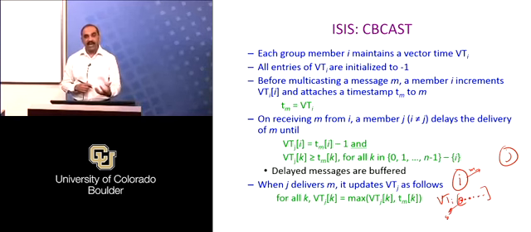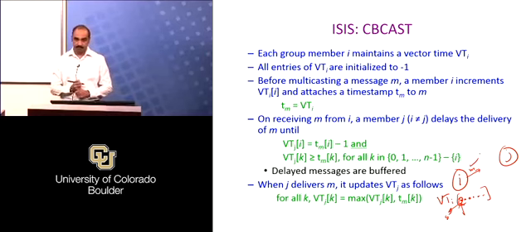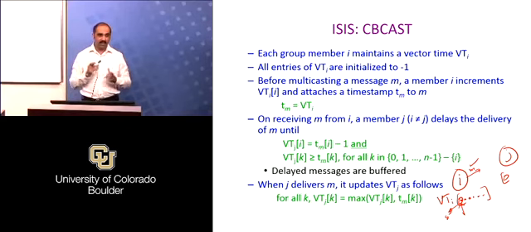What that means is that I have seen 5 messages from member 0, and after that I'm sending this message M. So when J receives this message, J wants to make sure that J has also received at least the first 5 messages from 0 before it can deliver this message M. Do you follow that?